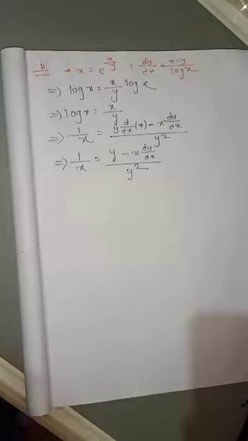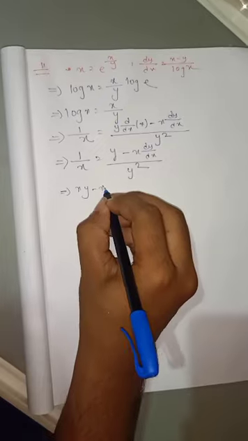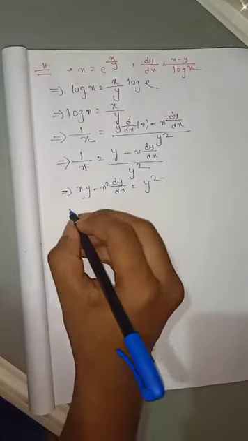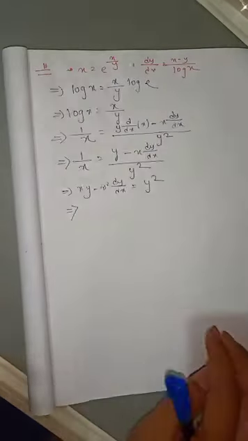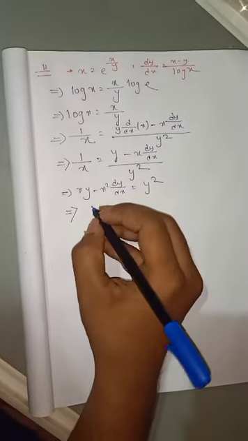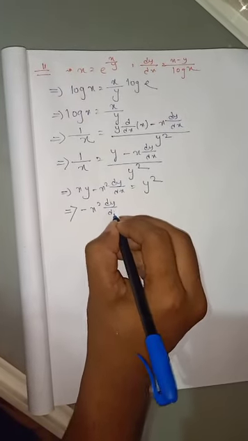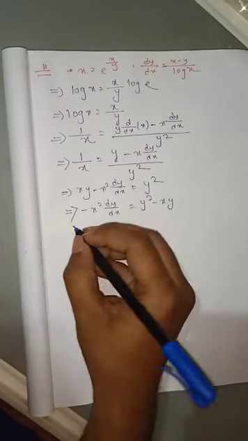Next we can write as, so xy minus x square dy by dx is equal to y square. Minus x square dy by dx is equal to y square minus xy.